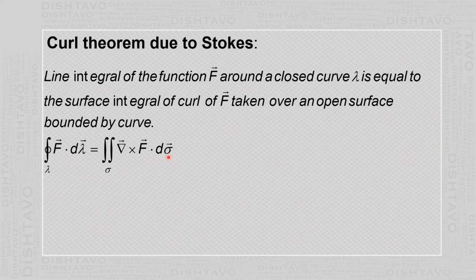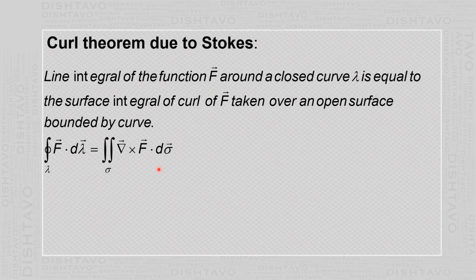But if we take it as a scalar quantity, then del cross f remains a vector quantity, and the integrand becomes a vector. The integrand cannot be a vector. So what is done is, you convert this surface area into the area vector and then take a dot product of del cross f and vector d sigma, so that the integrand becomes a scalar quantity.